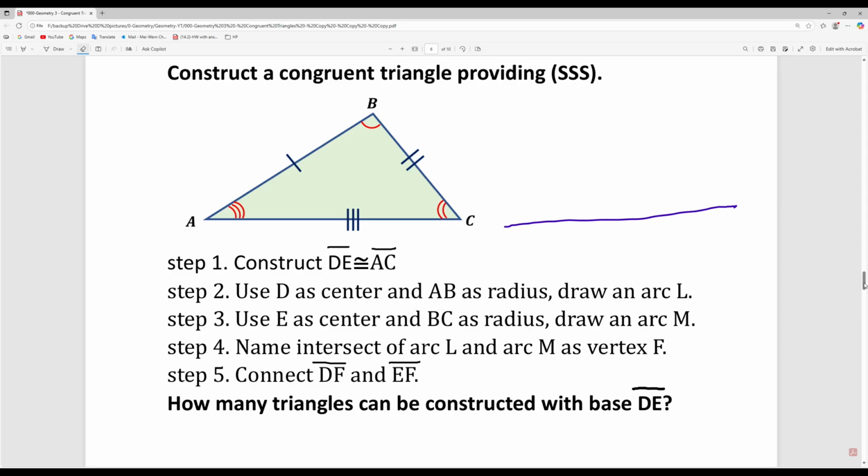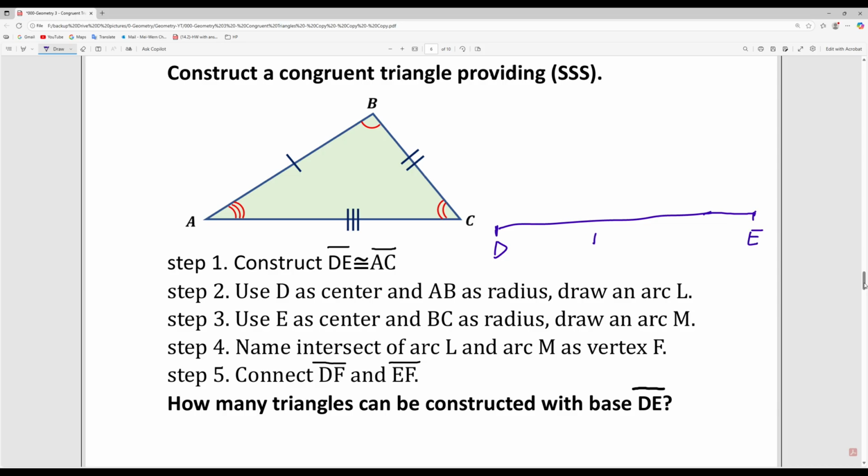Let me try again. Okay, pretend it's a straight line, longer. Let's follow my construction. It's DE.